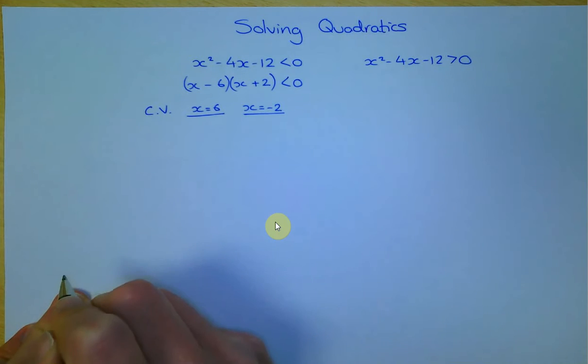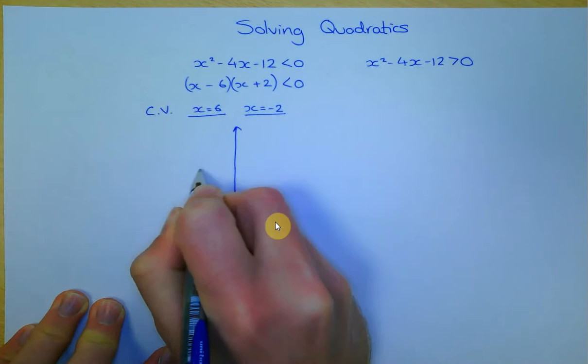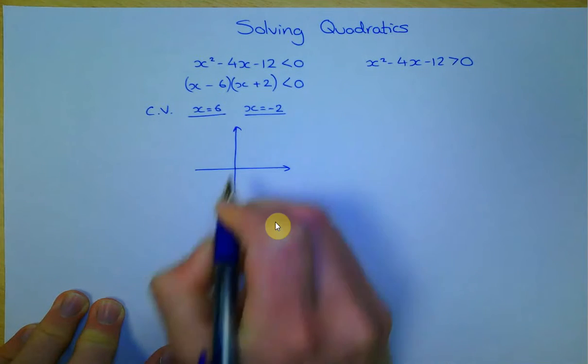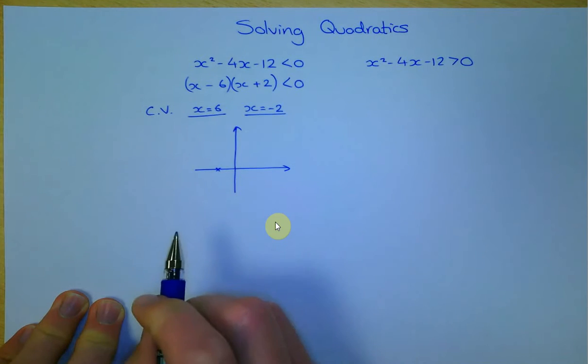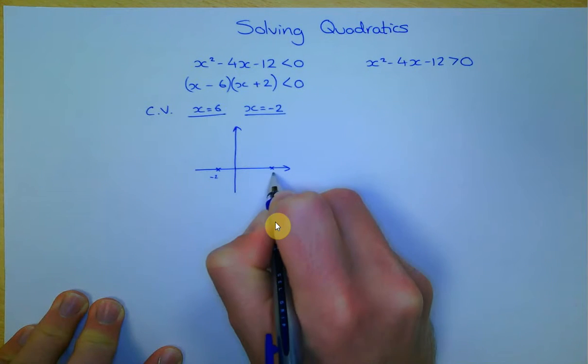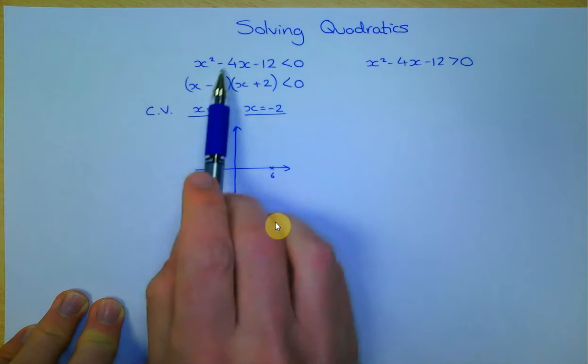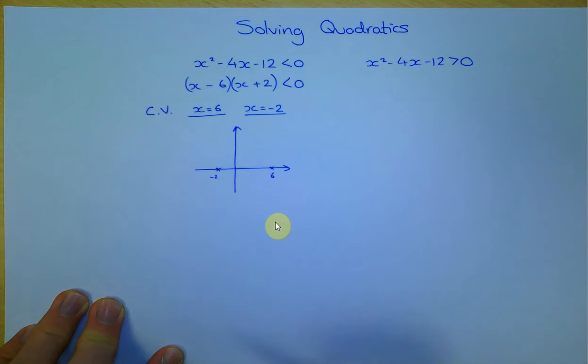They're my critical values. What I'm going to do with those, you could call this bit a critical sketch if you want to. So I'm going to say, I've got a solution of -2 and I've got a solution of 6. Remember from the previous topic, when you find the roots of quadratics, this is all I'm doing.